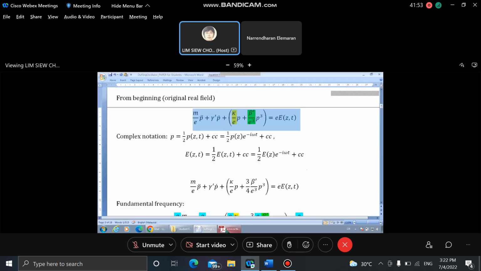This one we did last semester. From our Duffing equation of motion, we have this, and then this is just to rearrange the terms. This one, I think you have no problem, right?